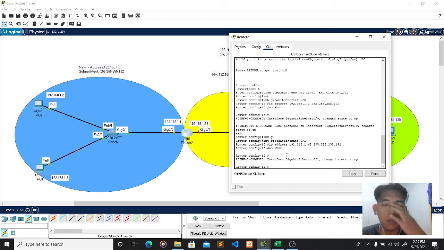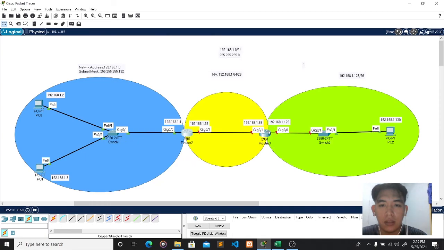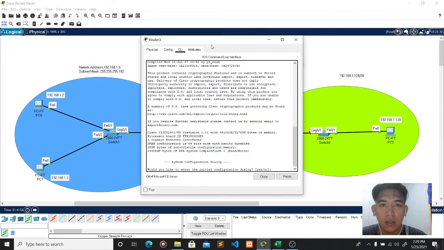So tapos na tayo maglagay ng network IP address sa router 2. Next is maglalagay tayo ng network sa router 3.